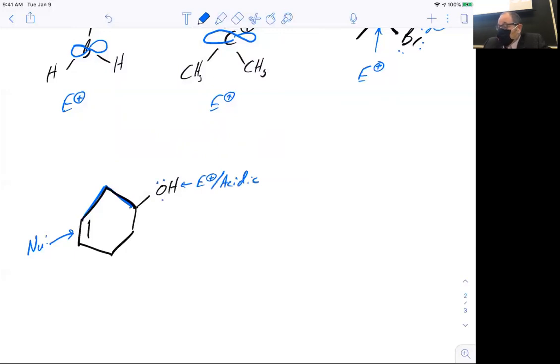And then this oxygen can make another double bond, so those electrons are available. So that position could be nucleophilic. One of the things about nucleophilicity that we'll get to next week in depth is looking at electrophilic positions and nucleophilic positions versus just blankly calling something a nucleophile or electrophile.